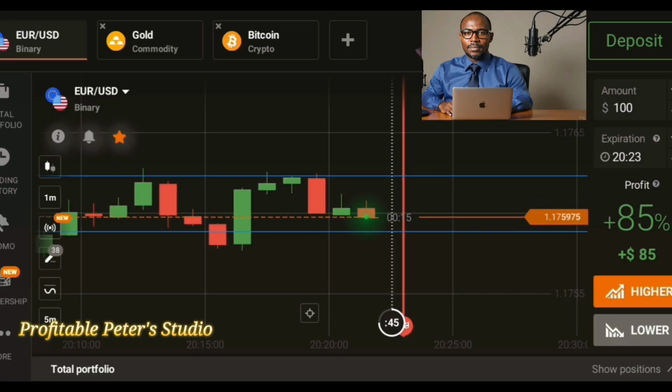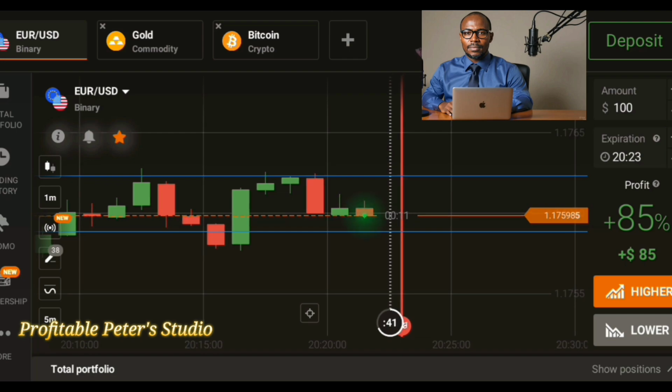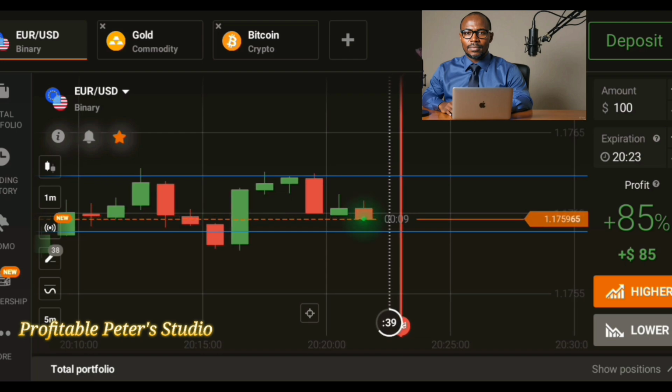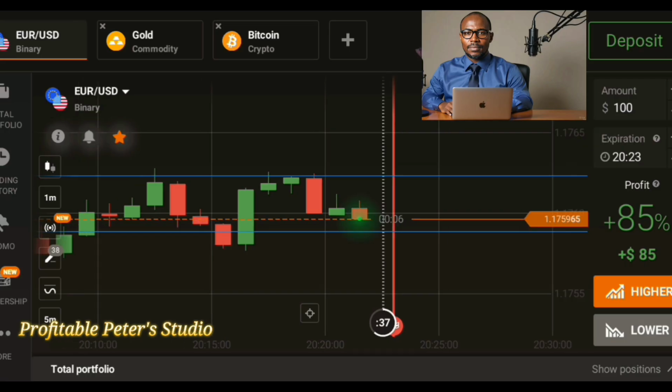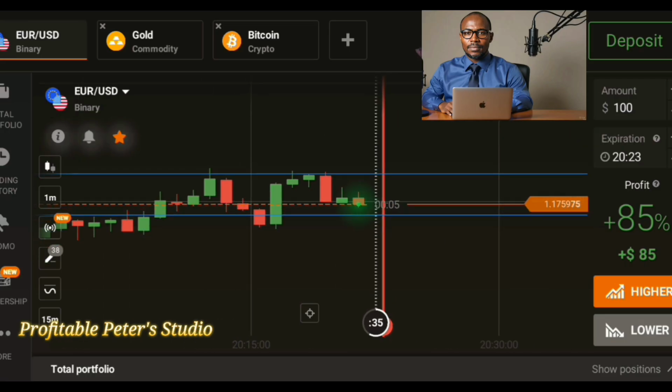Okay, let's wait a little bit. I'll just wait for this to close and then go down to the support zone. I think I'll buy at this point, but I can see that it's going to reverse.